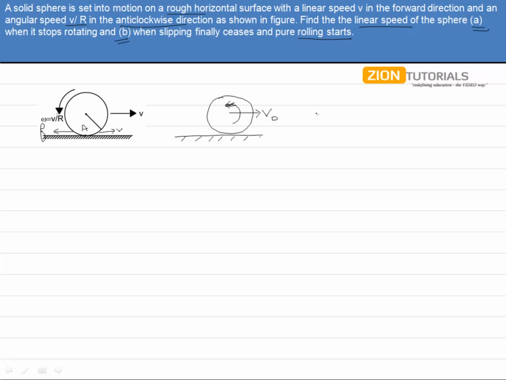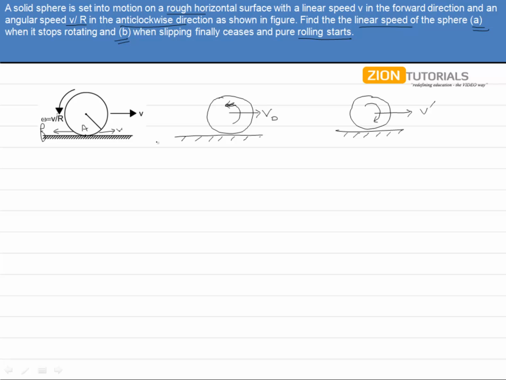Then this will further change into a situation in which it will have a velocity v dash and it will be rotating with some rotational velocity, right?